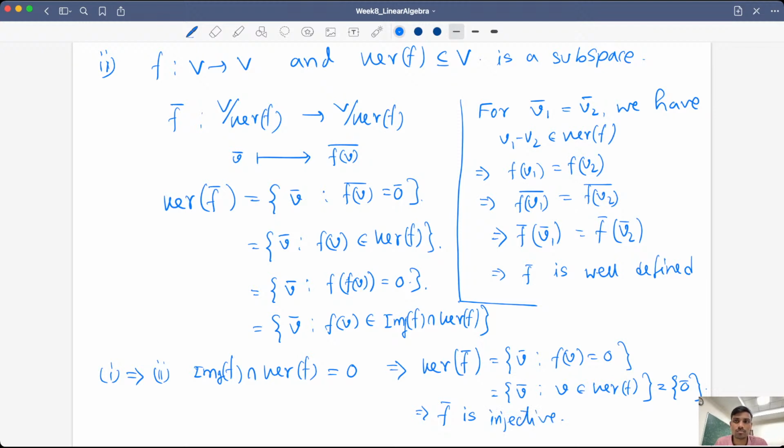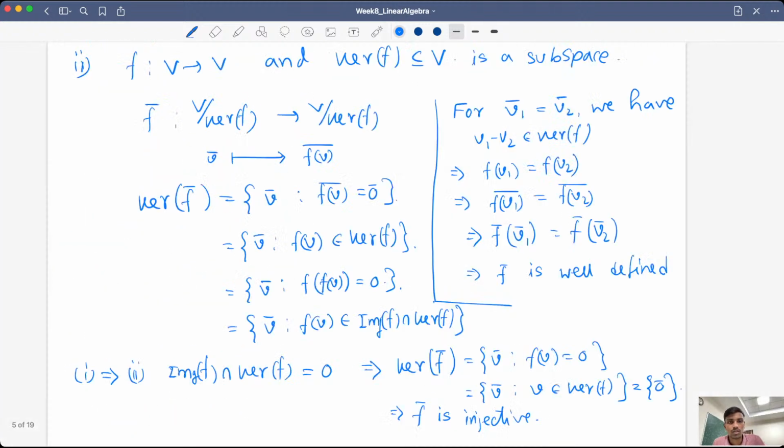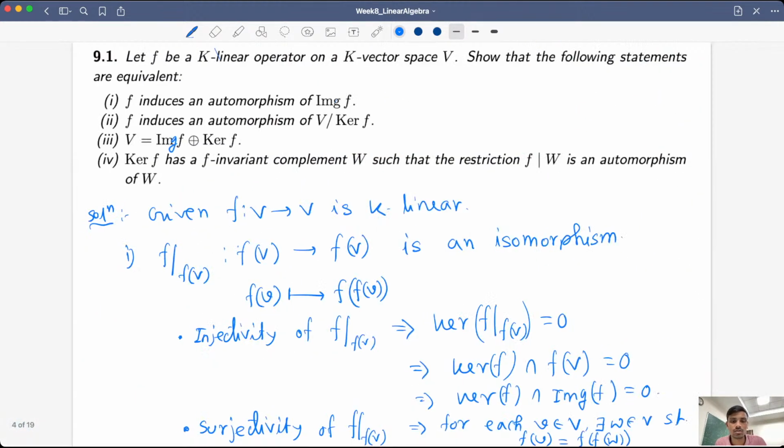Now let's prove the surjectivity of this f bar. So let some v bar belong to v mod kernel f. Now I need to find a w, and for this I will again use the previous surjectivity.